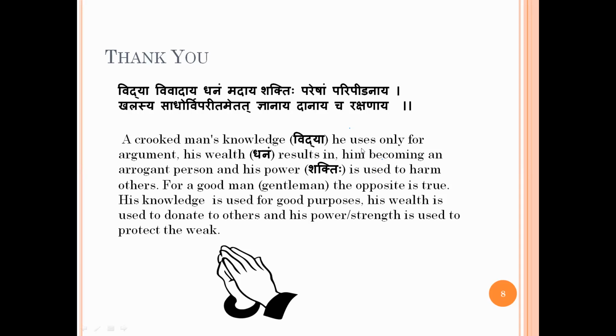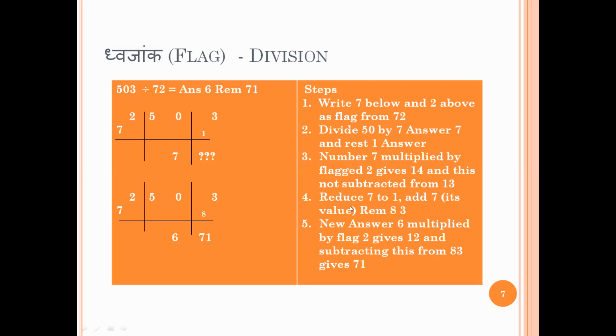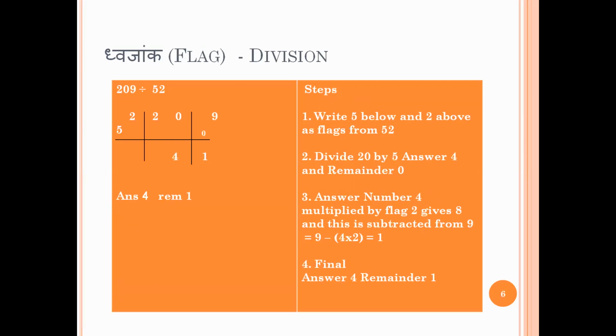The way we learn division in school, the Indian technique is much easier because it only deals with one digit at a time. It is not dealing with two-digit or complex numbers at the same time, say 503 divided by 72 or 209 divided by 52.